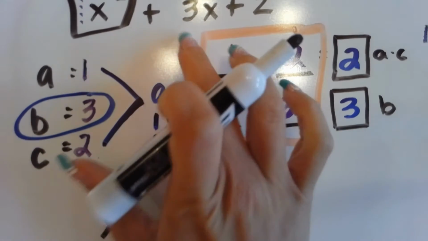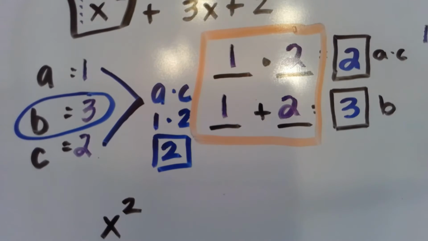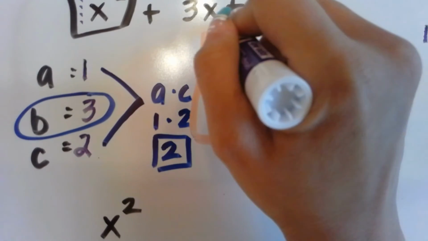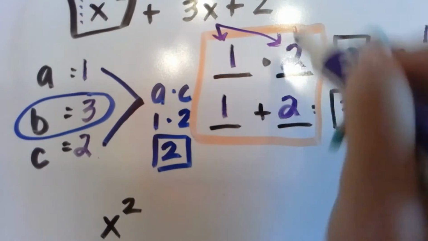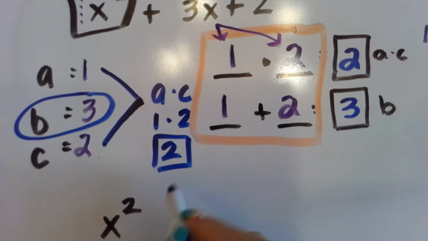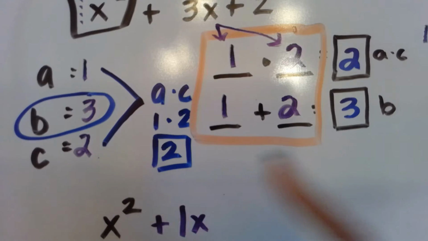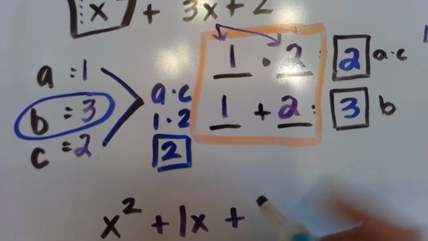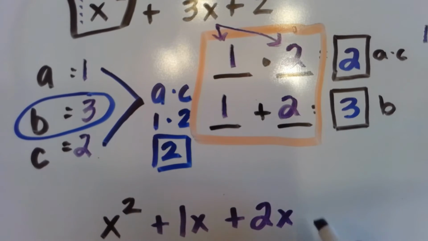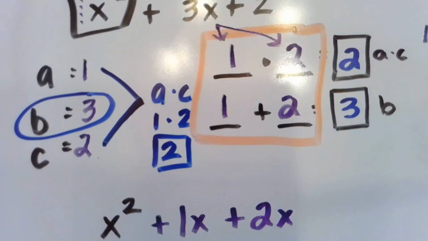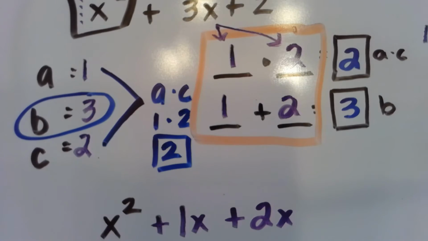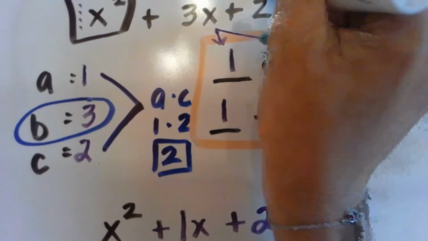Now, our B was 3x, but really, we're going to split it into 2 pieces. Our B is now turning into these two. So that's the point of these two. So we're going to write plus 1x, plus 2x, and then we're going to go back up here and take our C, which is 2.